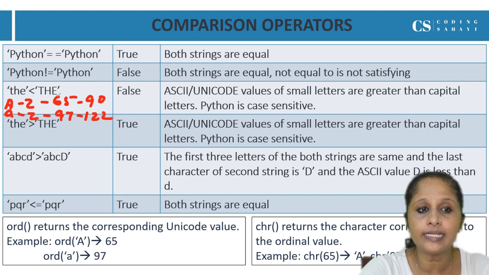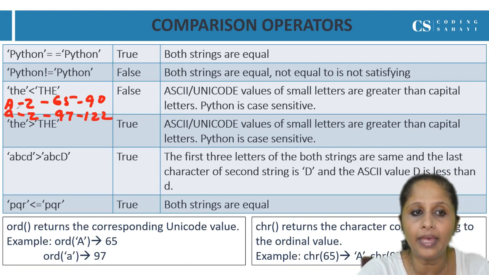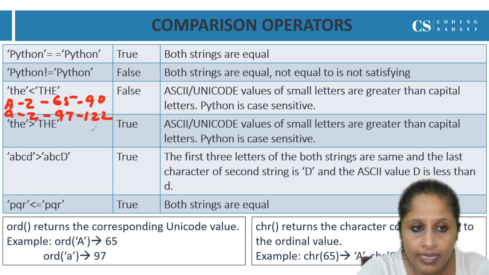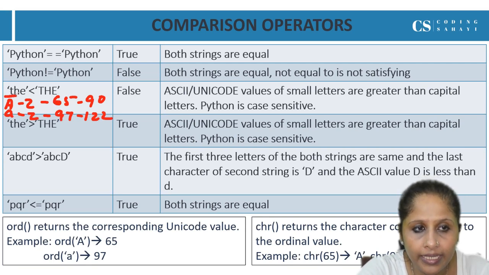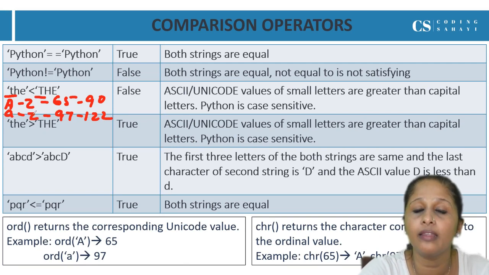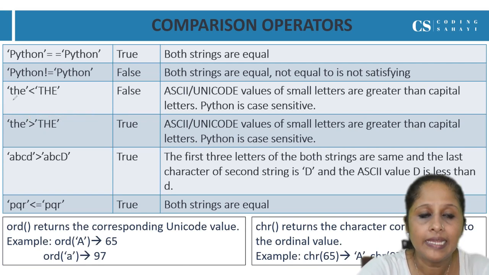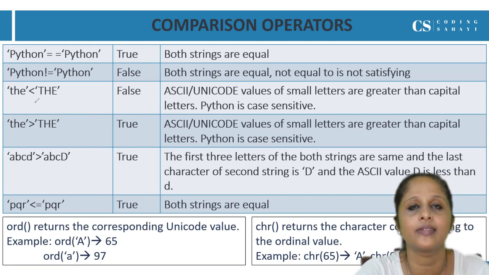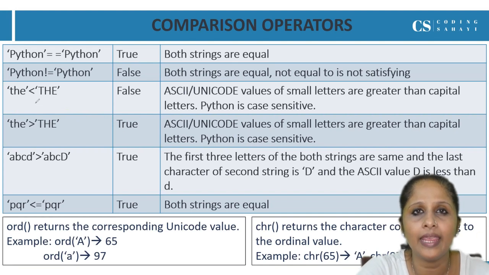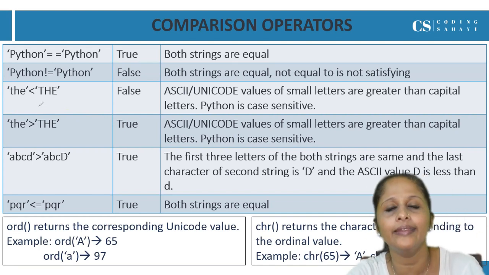So here the comparison is between these numbers, the ASCII values. Small letter t and capital T have a difference of 32. So here we are checking which is less.